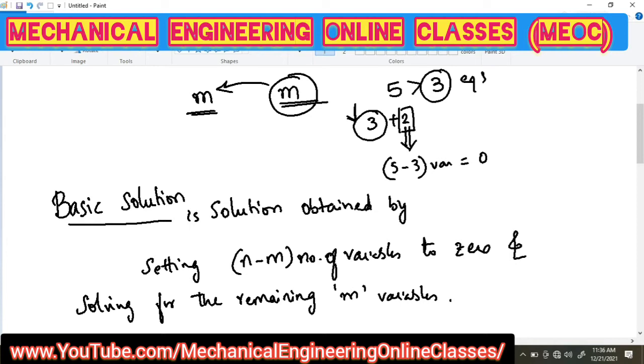Whatever extra variables are there are given a 0 value, and now the number of variables that we have to find will be equal to the number of equations. So finding those remaining m variables, we have a solution, and that solution is called a basic solution. The m variables which are part of the basic solution are called basic variables.